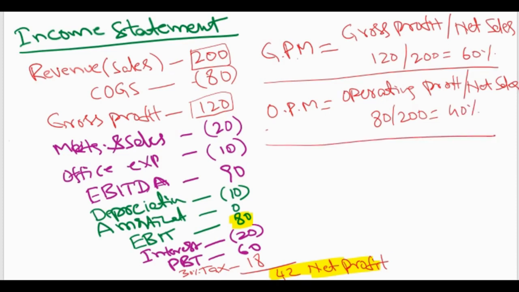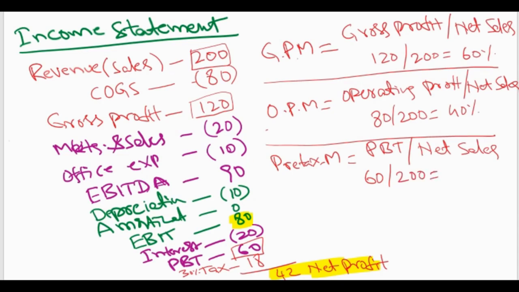And next, let us look at pre-tax margin. How do you get the pre-tax margin? You take profit before tax divided by net sales. Profit before tax is 60, divided by the same net sales of 200, so equal to 0.3, which is 30%. Okay, now the last one is net profit margin.